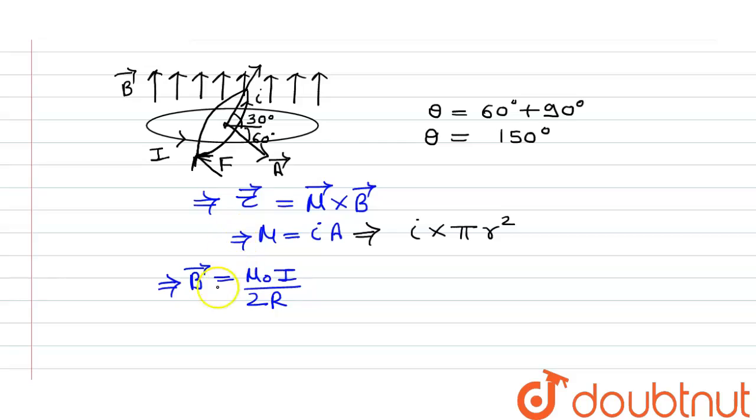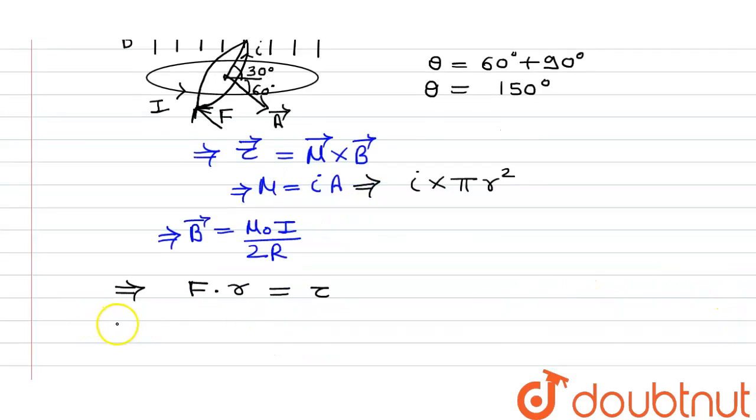So we can say that the torque due to our external force is F multiplied by the radius of the smaller loop, small r. It must be balanced with tau. Now we can put values here. We need to find how much force should be applied so that we can keep the smaller loop fixed. So we can write F multiplied by r equals tau. What will be the tau value?